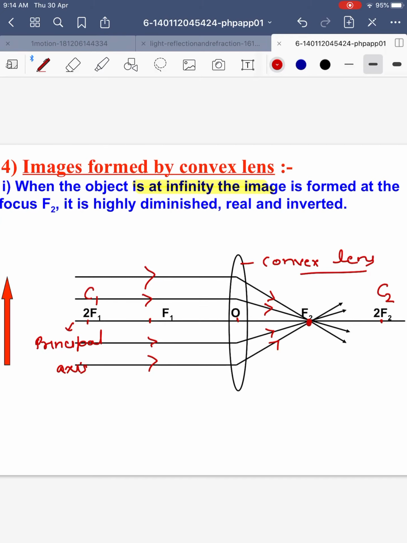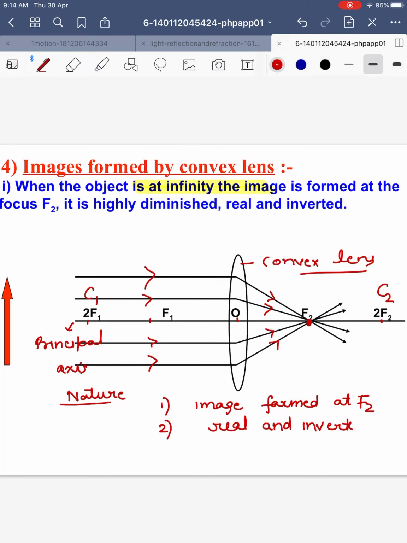So in this case, what is the nature of image formed? Image is formed at f2, that is our second principal focus. Second, image is real and inverted because the rays are actually intersecting.